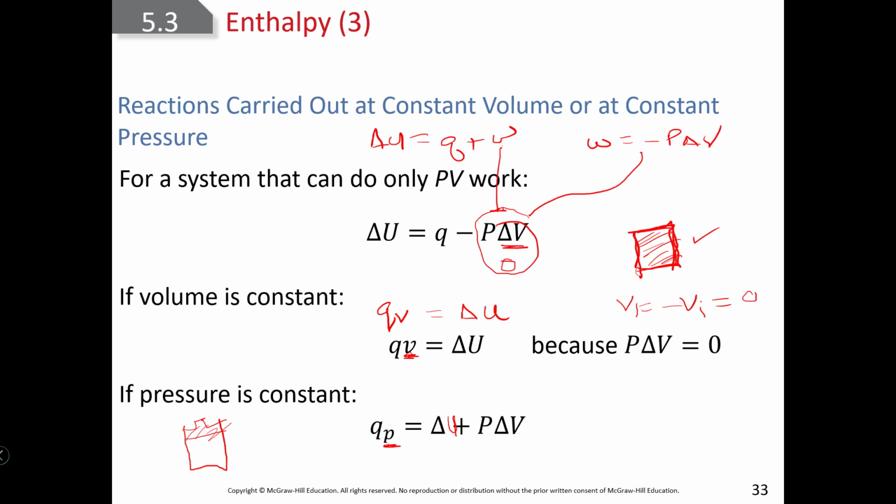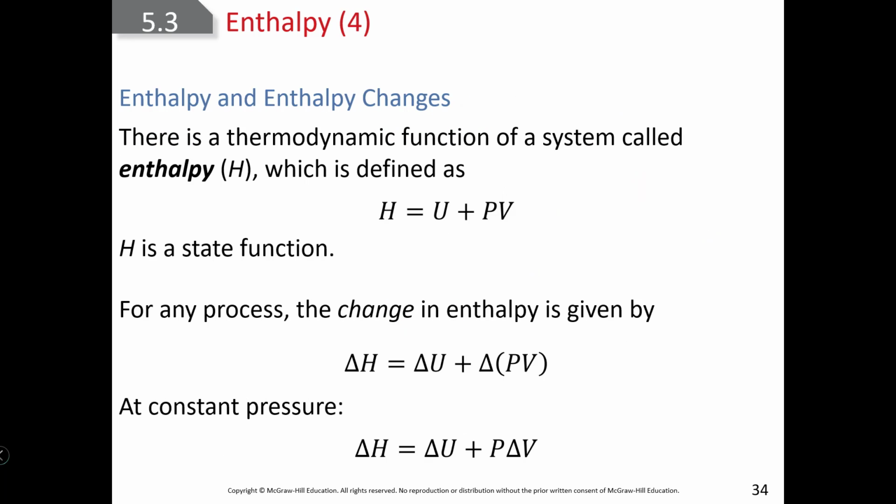All right, so let's look and see what happens here. We bring in a new term, and that is called enthalpy, and it's a capital H. Enthalpy is heat under constant pressure conditions.